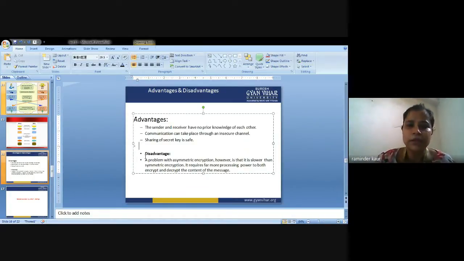Next are the disadvantages. The problem with asymmetric encryption is that it is slower than symmetric encryption. Why is it slower? Two keys are used, whereas in symmetric encryption only one key is used. That is why it is a disadvantage.